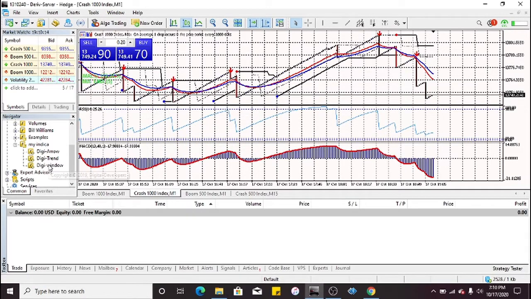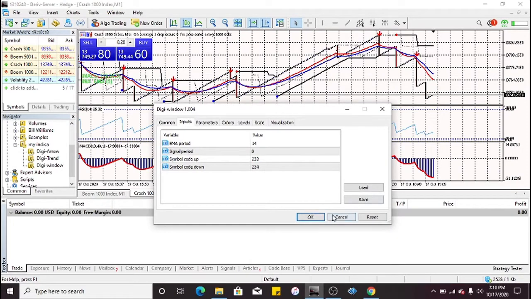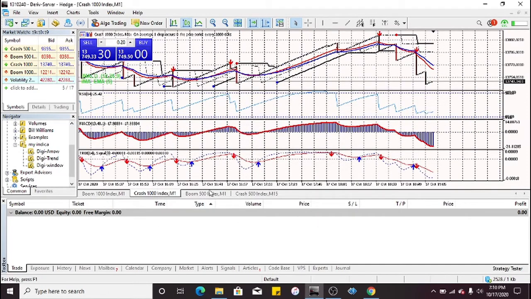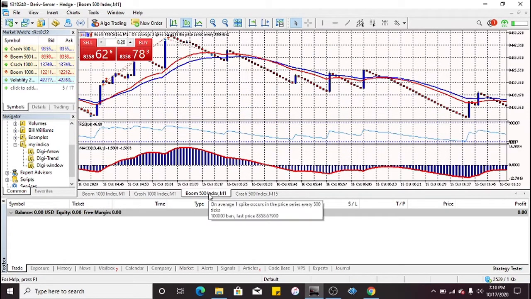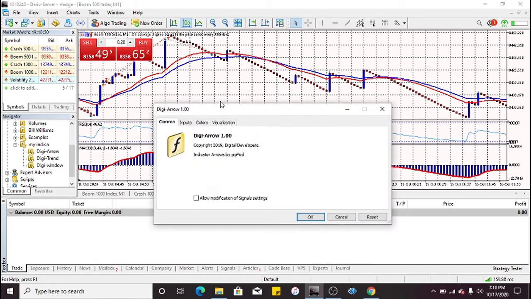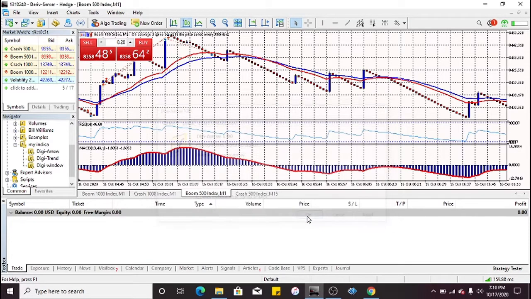One thing is, this indicator really works better on the thousands, the Boom 1000 and the Crash 1000, so you should know.